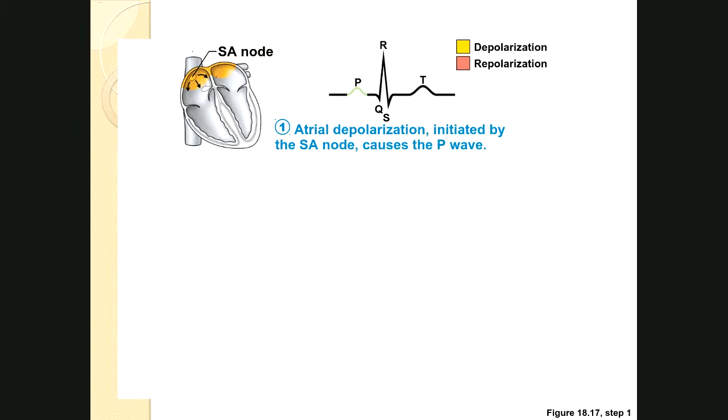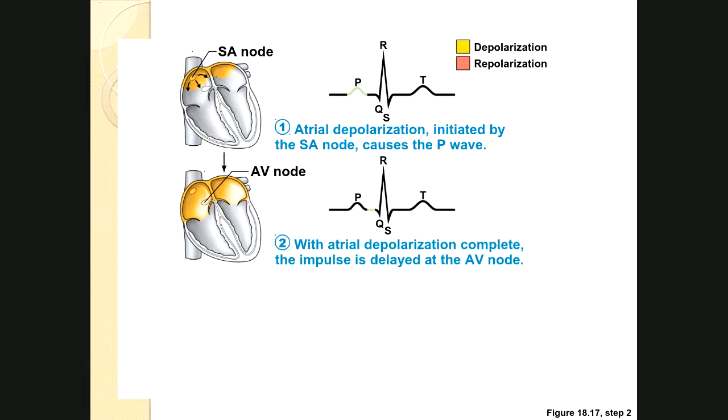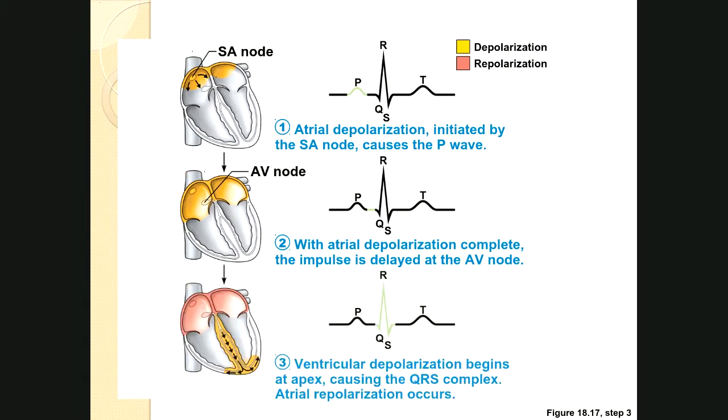It's yellow, depolarization. So look, it's going to spread over the atria. And then repolarization is going to happen in the same exact pattern. So here comes repolarization. So look, between depolarization and repolarization, right here, is where we get contraction.